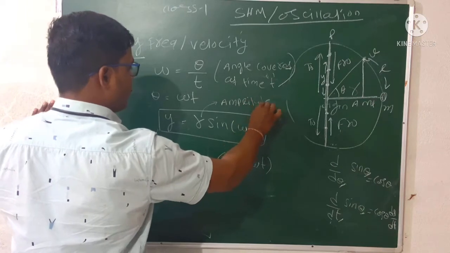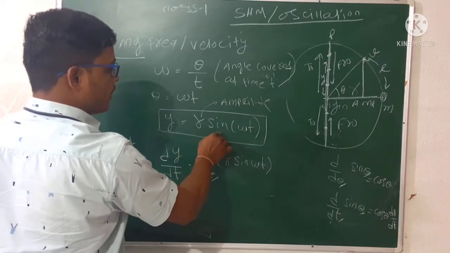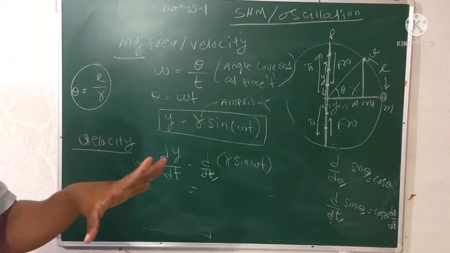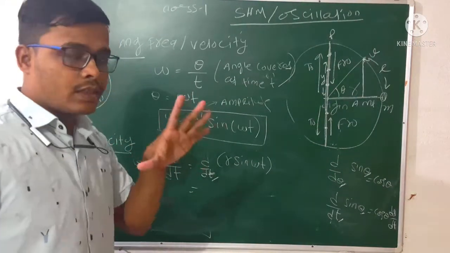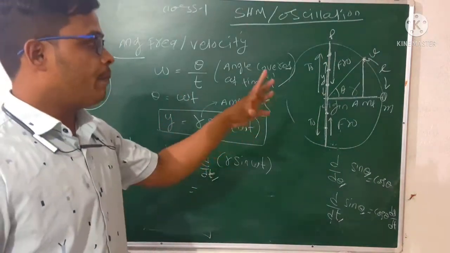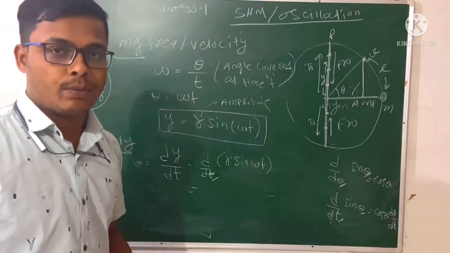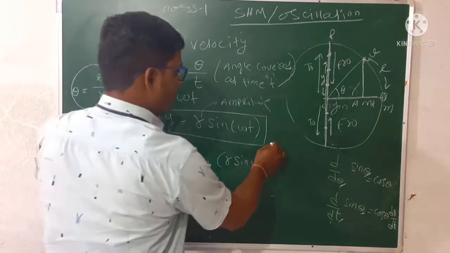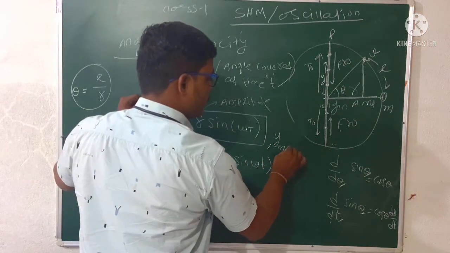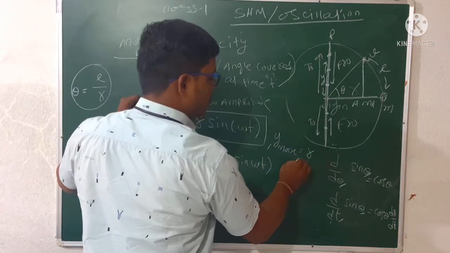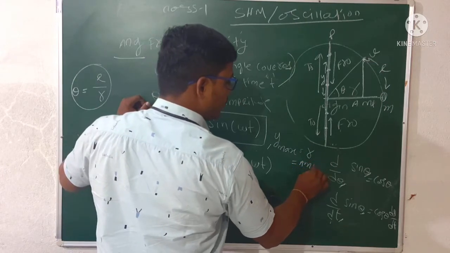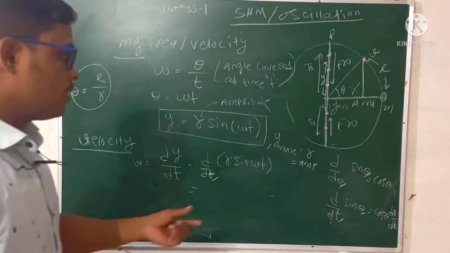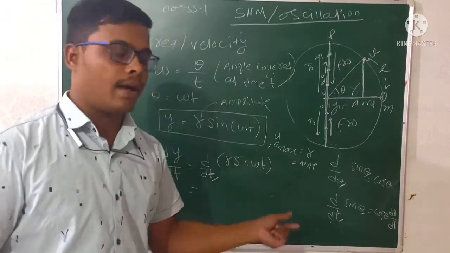Remember, the first variable that connects with the sine is known as the amplitude. That means the maximum distance covered. What is amplitude? The maximum distance covered by the pendulum during simple harmonic motion. So what is y max? y maximum is r, that is the amplitude. So this is the maximum distance, that is the amplitude.